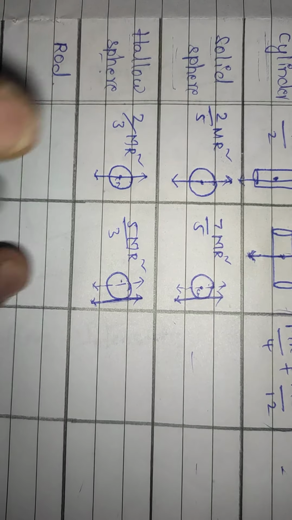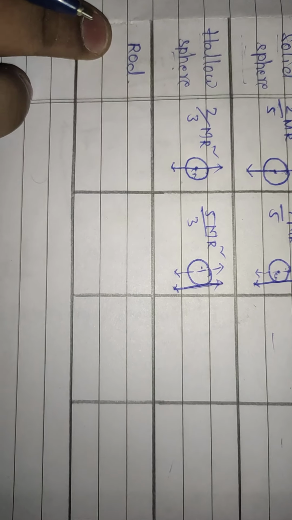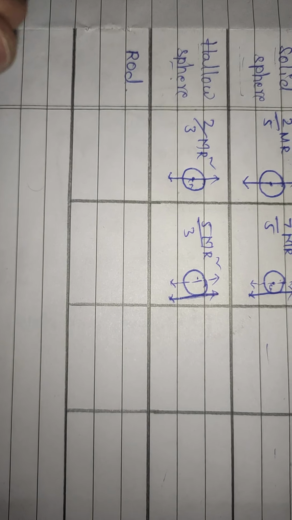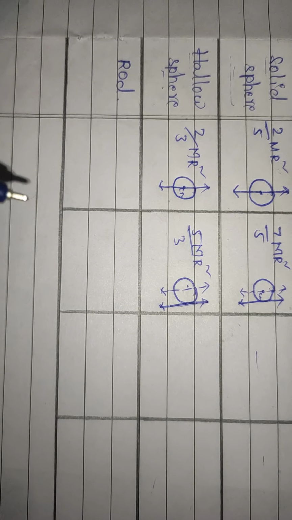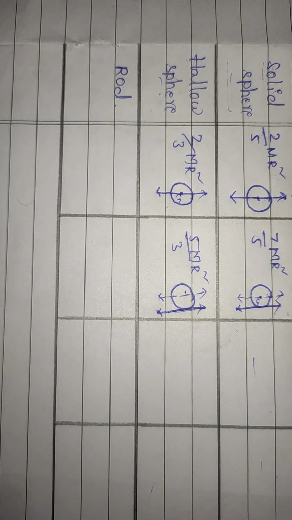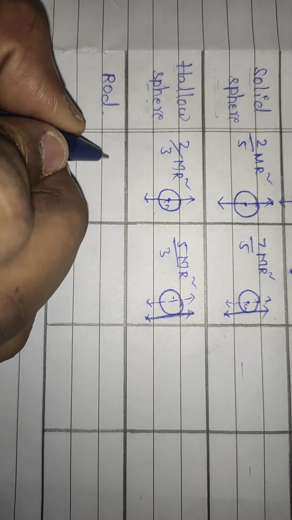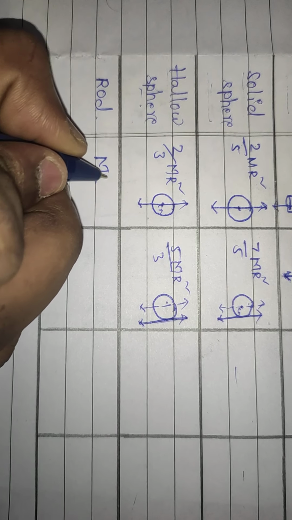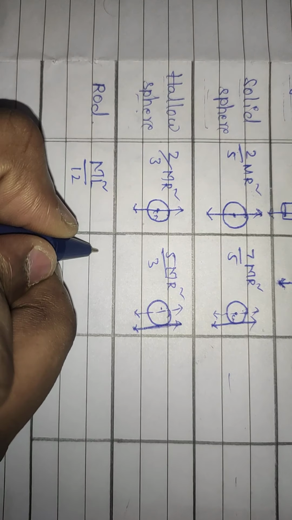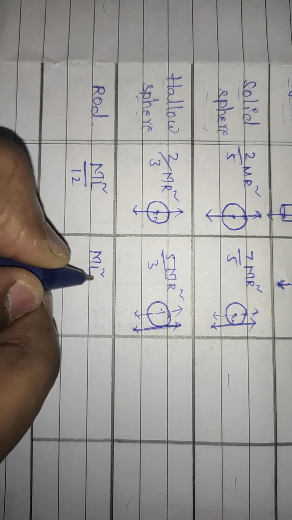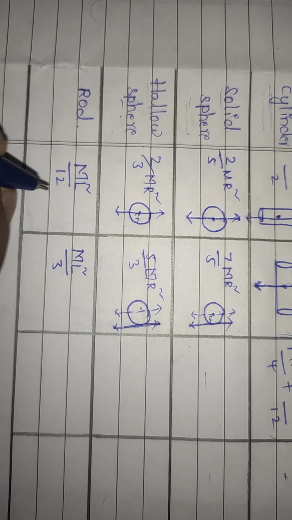Okay, finally we come to the rod. The rod is compulsory, we have to remember it. For the rod case, there is no option. The first one is ml square by 12 and the second is ml square by 3, and the diagram will be like this.